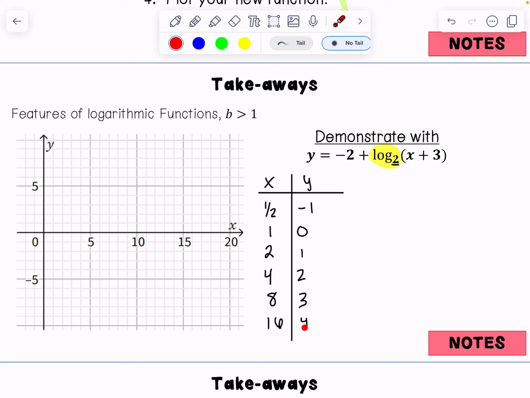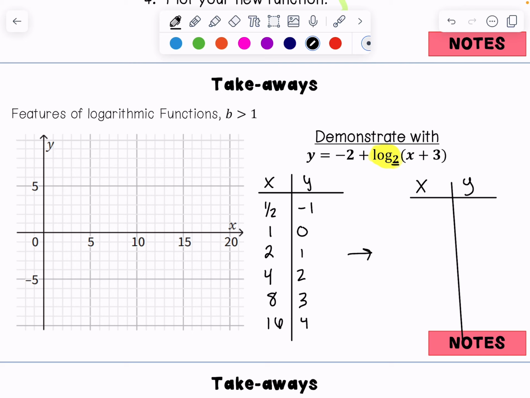Once you have found that, then we can look at the transformation. We're going to create another table from these, and we're going to transform them. So here we have x plus 3. Because that's inside the parentheses, that's actually going to be the opposite. So that means we're going to do x minus 3.